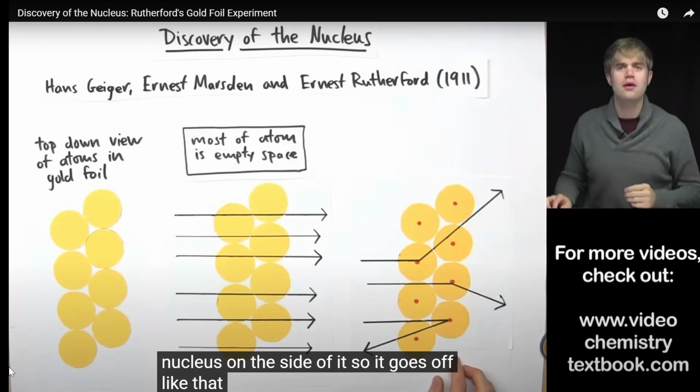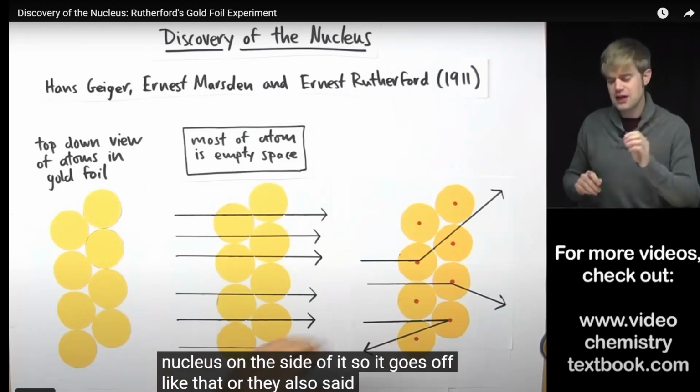If it was negative and this was positive, they would go, right? Because positive and negative attract. But if it's positive and it goes, what charges this? Positive. So that's how they figured out that probably this little small hard thing in the center of the atom is positively charged.